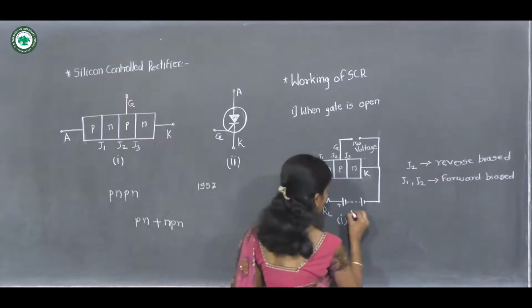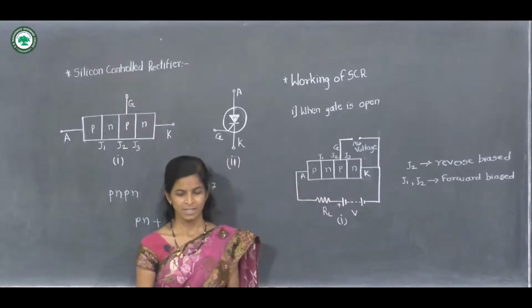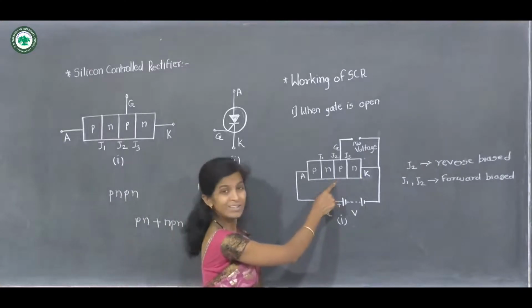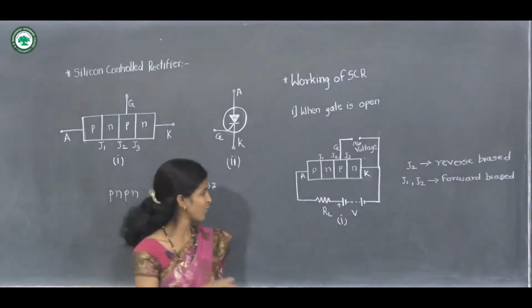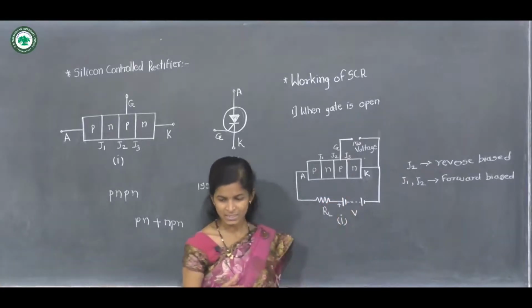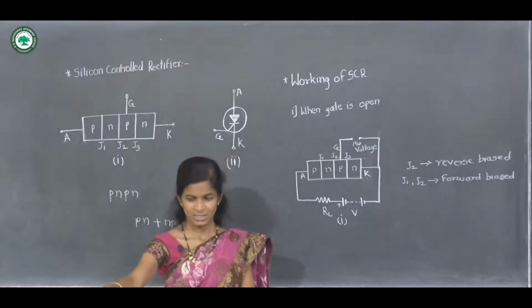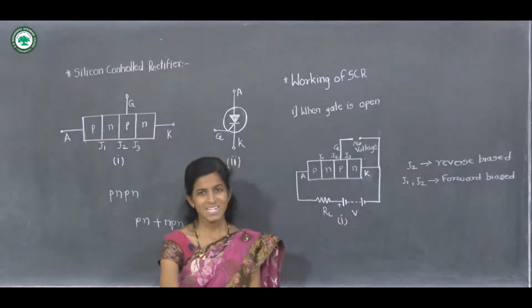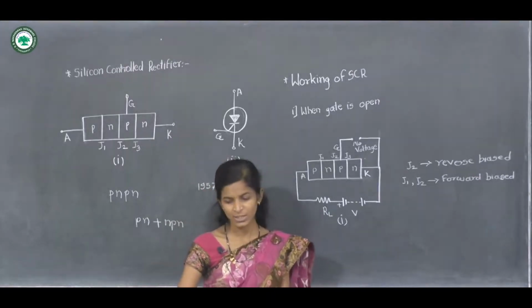As the voltage across the anode and cathode is increased further, this junction J2, as it is in reverse bias, breaks down as voltage across the battery is increased, and due to breakdown of the junction J2, the SCR starts conducting heavily, and this is the on state of silicon controlled rectifier.